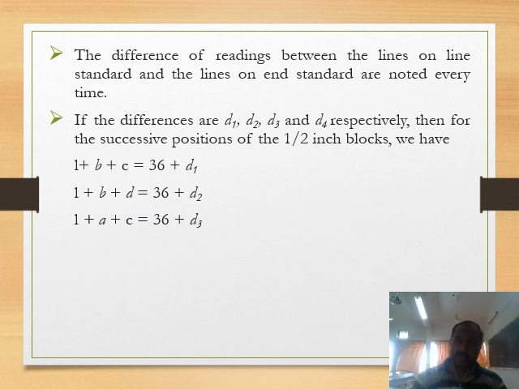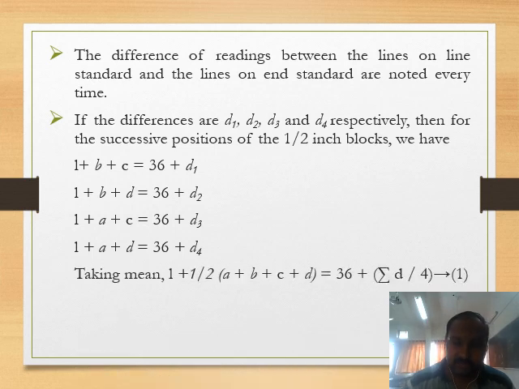The other combination is, instead of AB, if I reverse it as BA, then it will become L plus A plus C is equal to 36 plus D3. Similarly, L plus A plus D is equal to 36 plus D4. These are the four different combinations.